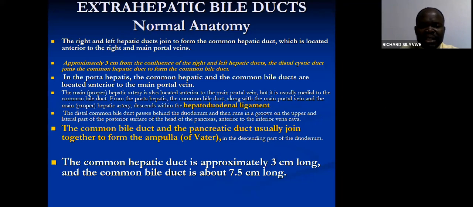The common bile duct and the pancreatic duct usually join together to form the ampulla ovata in the descending part of the duodenum. Then the common hepatic duct is approximately 3 centimeters long, and the common bile duct is about 7.5 centimeters long.